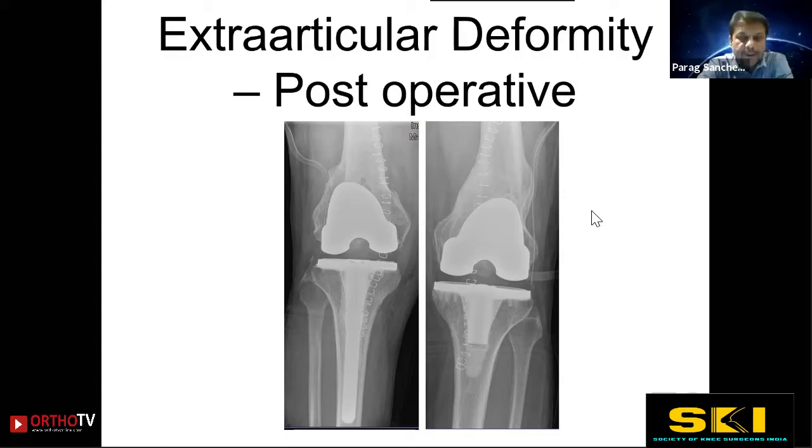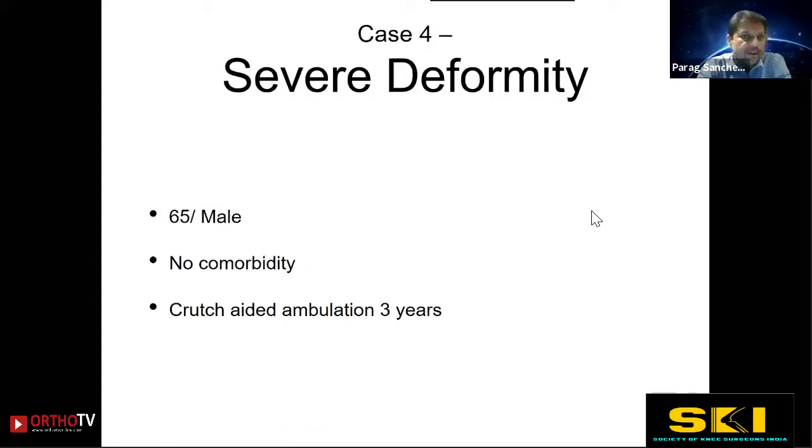Okay. So let's go to the next case, which is a very severe deformity. Yes. So I'm sure this is bread and butter to everybody on the panel. Each one of us has addressed this, seen this.